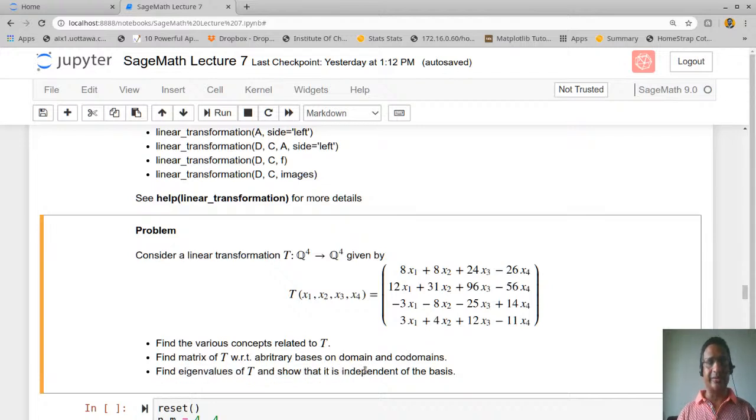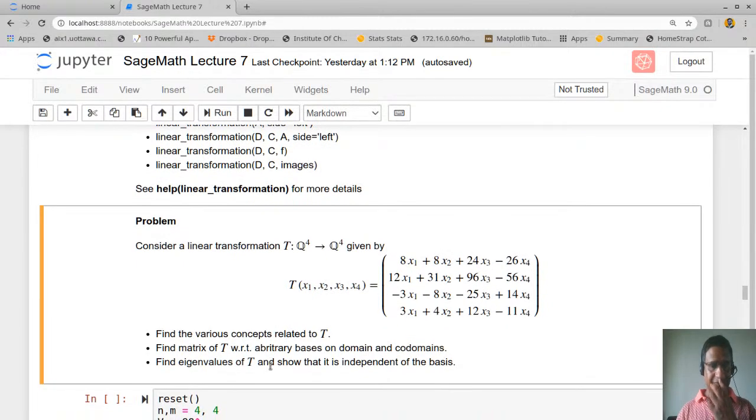We know how to define eigenvalues and eigenvectors of a linear transformation, and in fact you can show that the eigenvalues of T are the same as the eigenvalues of the matrix associated with the linear transformation. But the matrix depends upon the basis, so if you choose a different basis, will the eigenvalues be different? The answer is no, the eigenvalues will be the same. That we will also try to verify. So it has a lot of facilities.